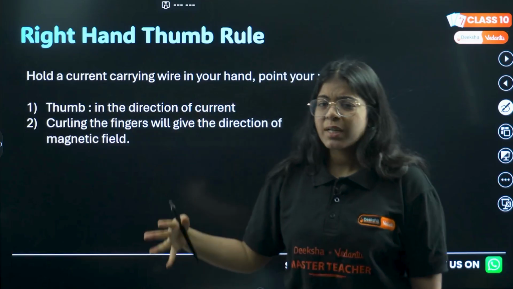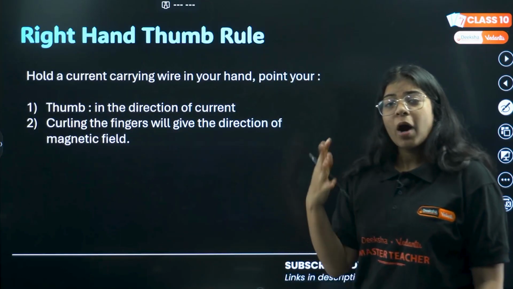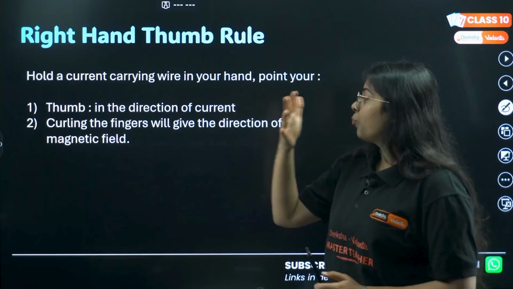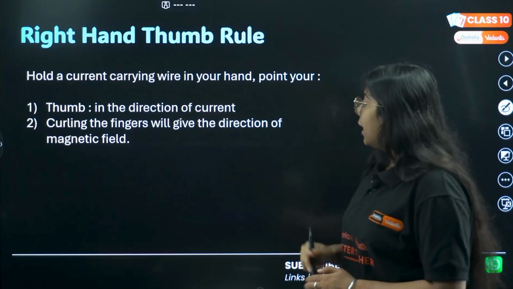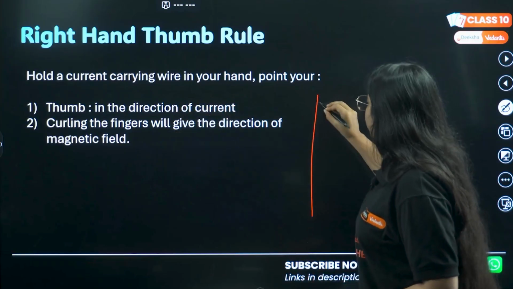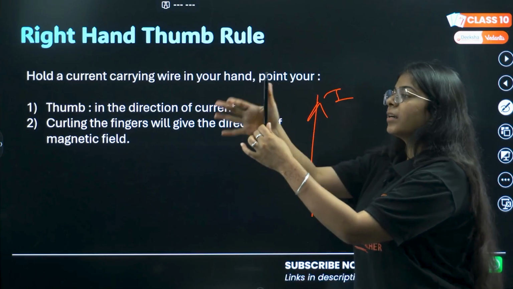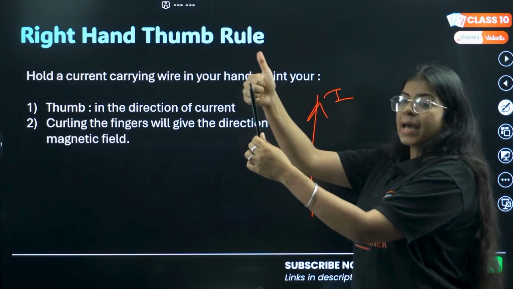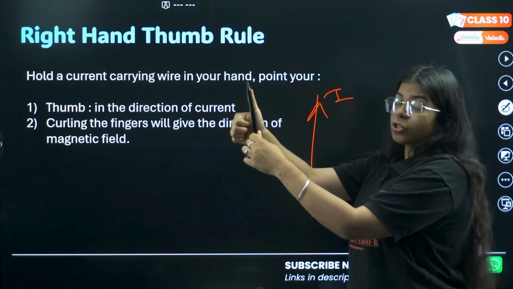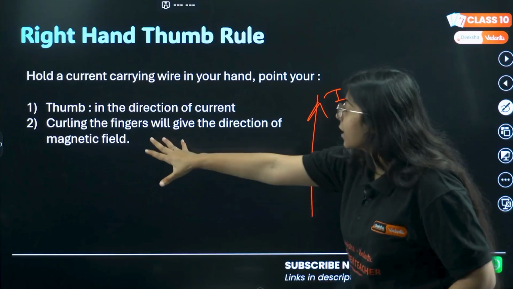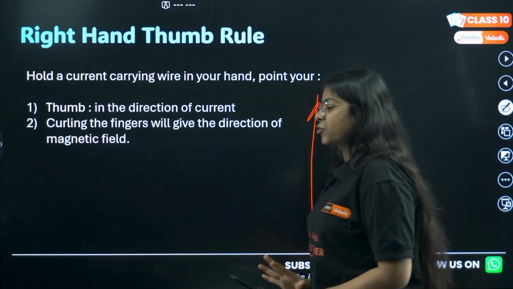Very easy. What it says is, you take your right hand, you point the thumb in the direction of current. Let's say this stylus is a wire and the current is upwards. So the thumb is in the direction of current, and curling the fingers will give me the direction of magnetic field.